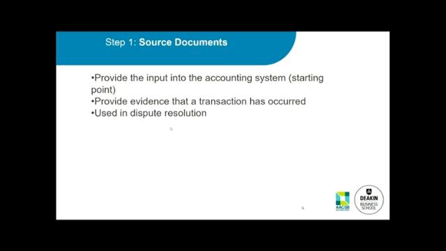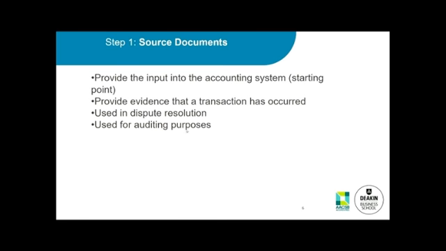It's often used in disputes. For example, somebody says, I'm not paying this because you haven't delivered the goods to me. Or I'm not paying this because I haven't received an invoice or whatever. So we go back and check the documents and then work out who's right.